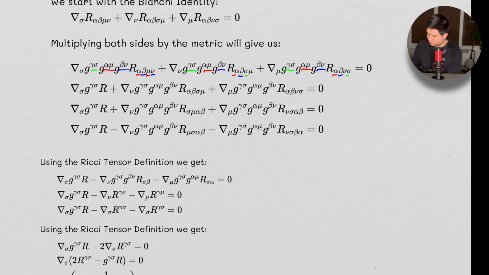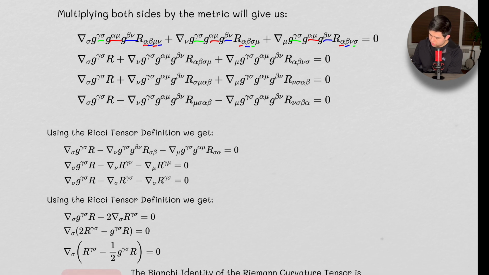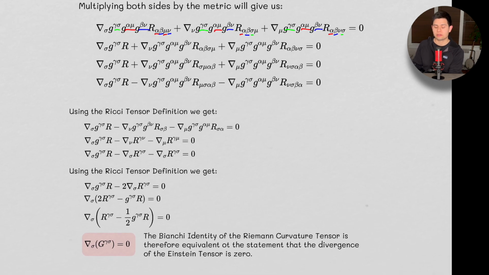Same thing here, symmetric permutation. And then we have anti-symmetric permutations, which is where these minus values come from. So we're left at this point. We didn't really do anything. We just multiplied by the metric and then permuted some.